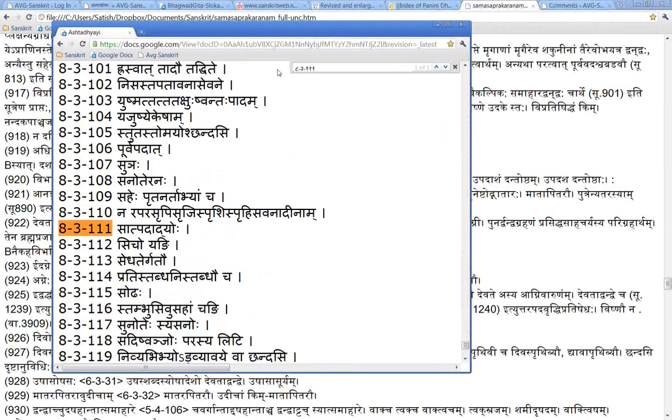One more time, let me say ambu sinchati. It will not become ambu shinchati. So a padadi sakaraha does not take murdhanyadesha.